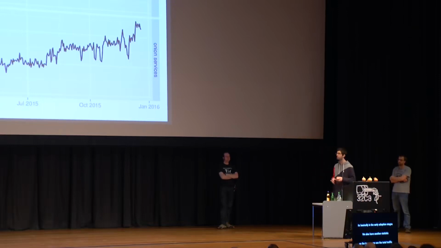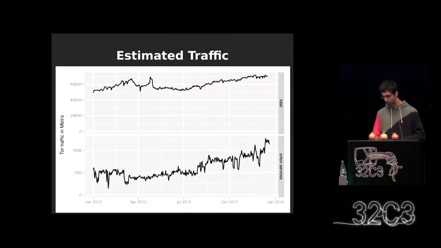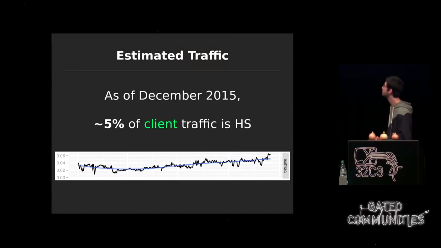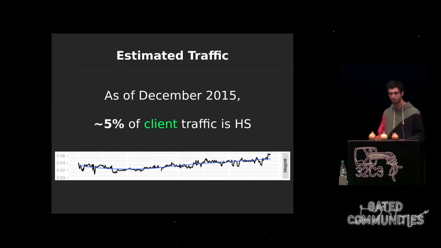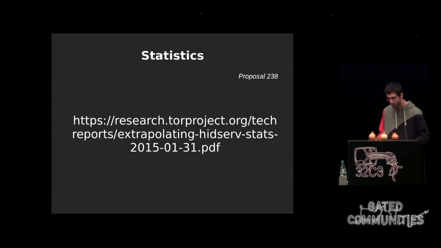So hidden services are still a very small part of Tor. If you don't understand this number very well, we did some calculations and we have a new figure for you, which is that basically 5% of client traffic is hidden services. From the whole Tor, 5% is hidden services. You can handle this as you want.